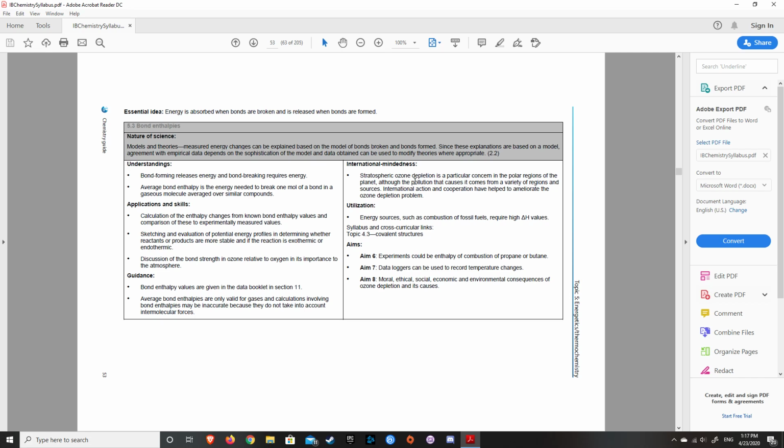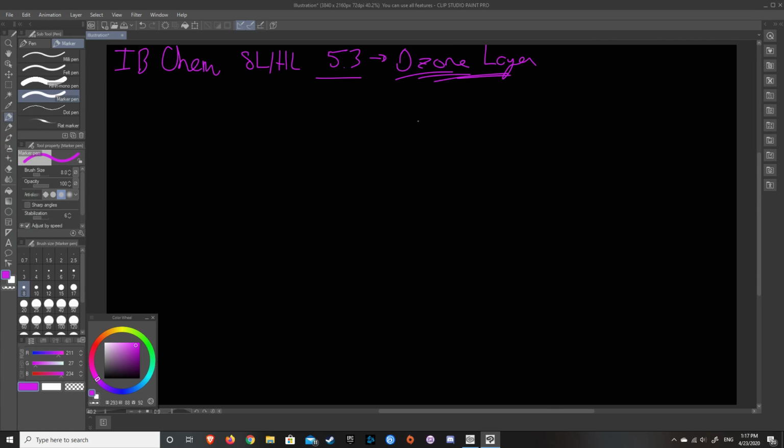Now, of course, we've banned a lot of the chemicals that we know affect the ozone layer, but still it's something we need to keep in mind in our everyday lives. Otherwise, we could see some bad health effects coming from the depletion of the ozone layer.